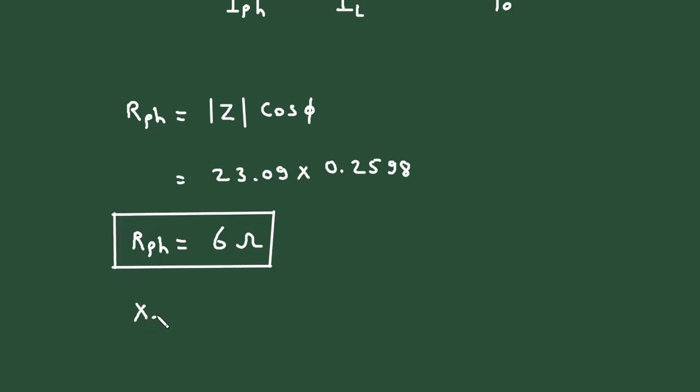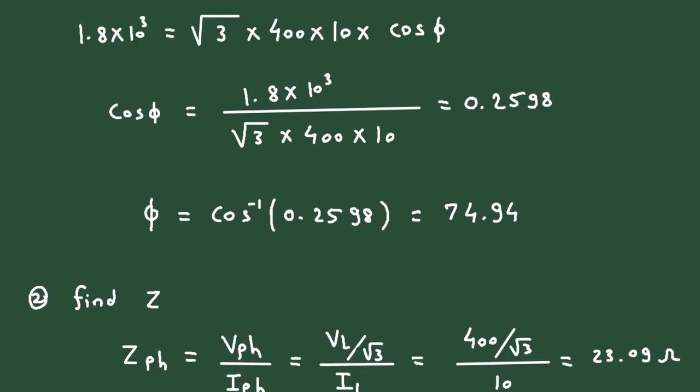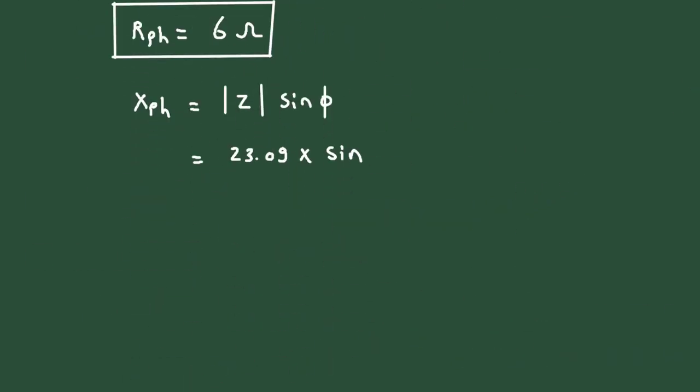Then to find the value of XPH, it will be Z into sin phi. The value of Z is 23.09 multiplied by sin of phi, where phi is 74.94 degree.